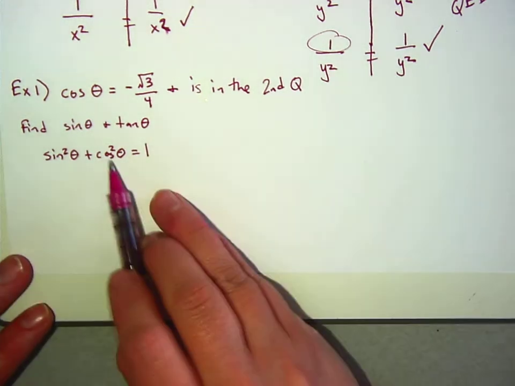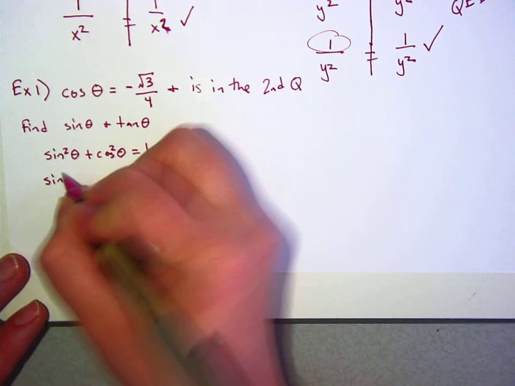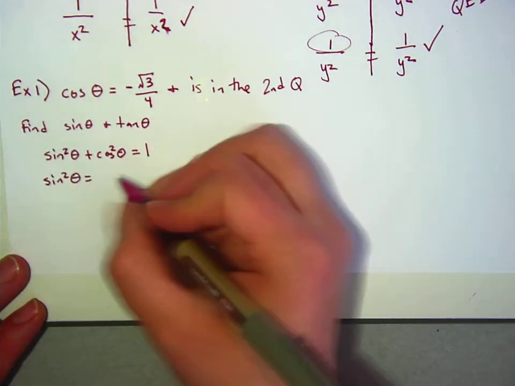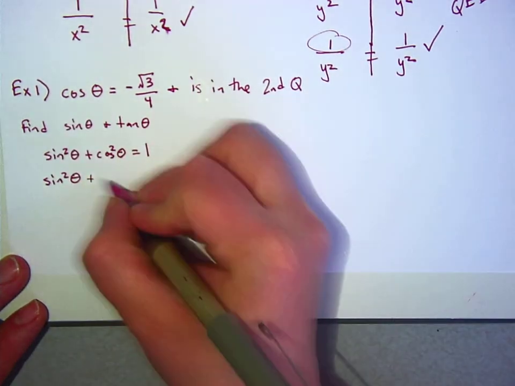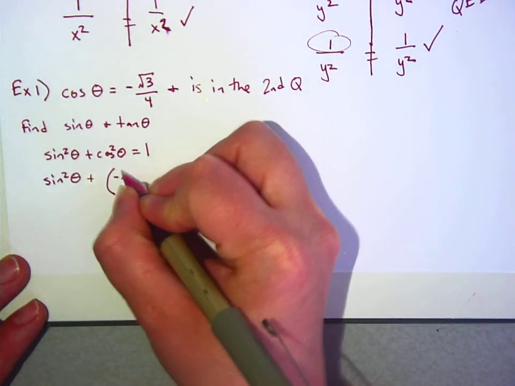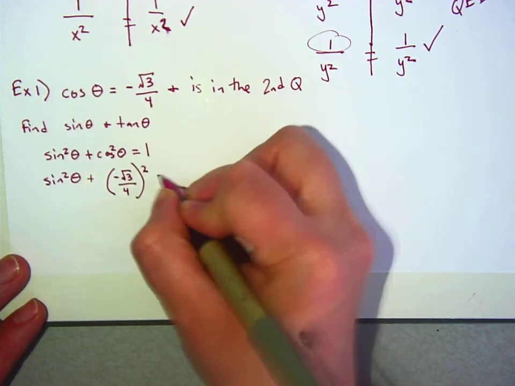And then instead of writing cosine squared, I'm going to fill that in. So I'm going to write sine squared theta plus, in parentheses, negative the square root of 3 over 4, squared, equals 1.